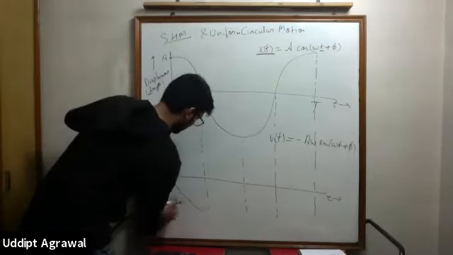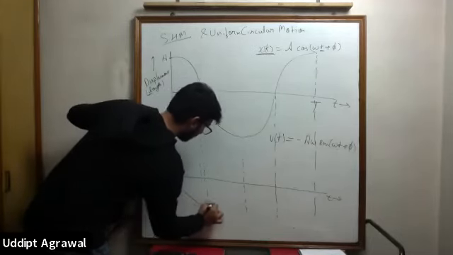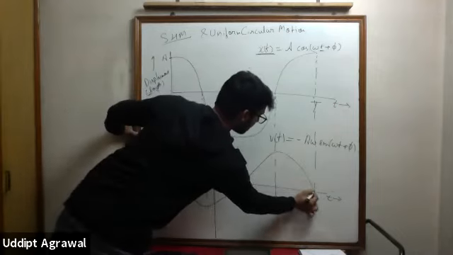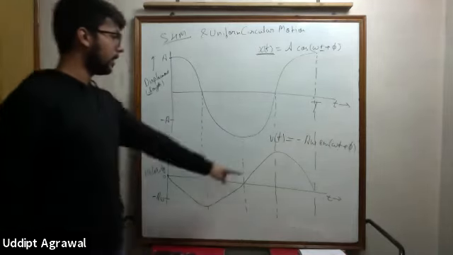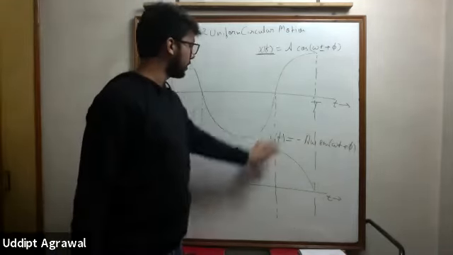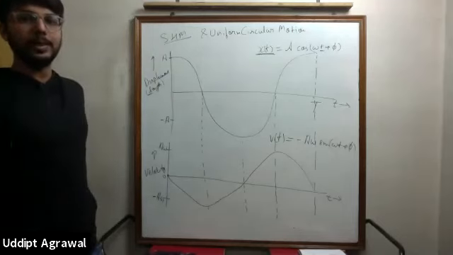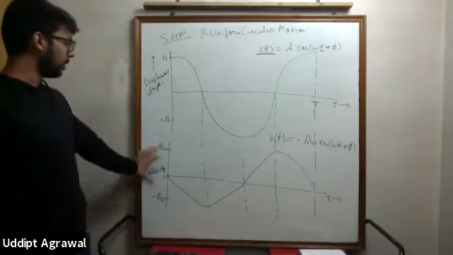So it will be going like this. This is a perfect sinusoidal wave, which starts from zero like this. And we can overlap them and see how they are differing in phase as well as quantities. This quantity will also be different.